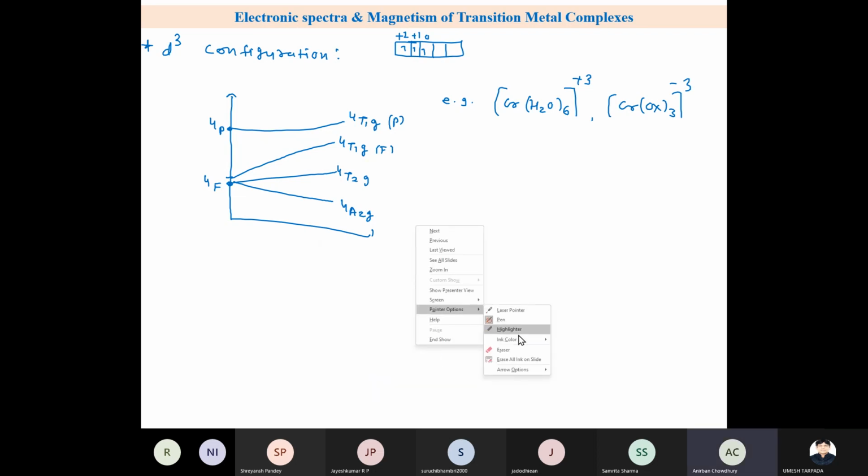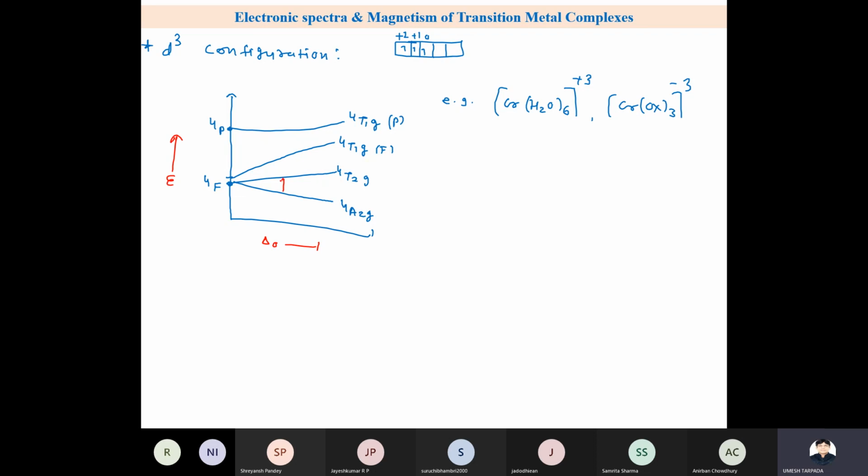A2 to T2, so these are the expected transitions. So this is the first one, second one, and this is the third one. So 3 allowed transitions are possible.